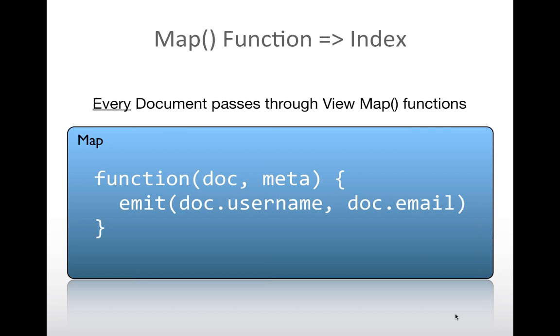In this case, inside Couchbase, the map function will be the most important element. Every time you save a document, so create, update, modify, or delete the document, the map function will be executed. And the map function will receive two parameters.